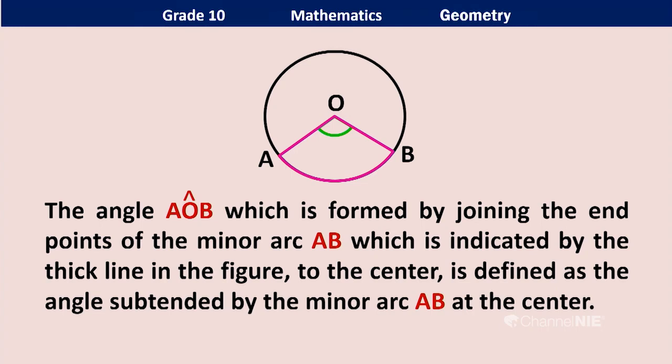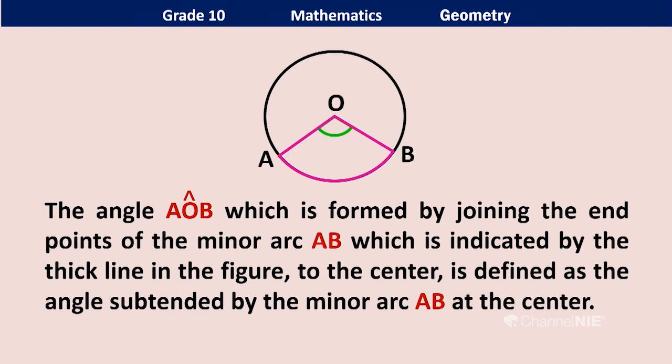So, what have I done now? I have joined AO and OB. That means I have marked the two radii AO and OB. I can form an angle AOB when O is the center of this circle.